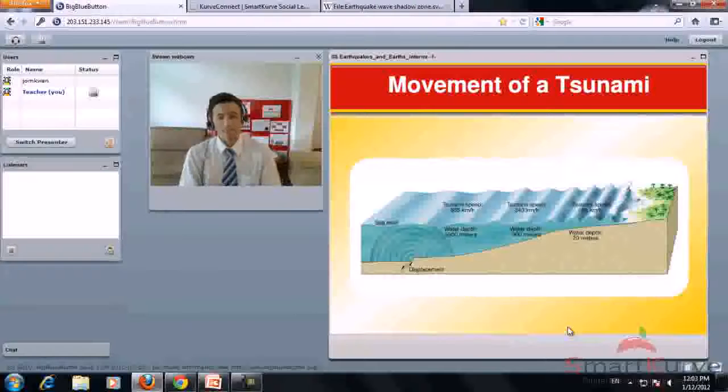There was actually more damage caused by the tsunami than by the earthquake. The earthquake shook everything, but in Japan everything is built to withstand earthquakes. So that didn't do much. The damage was caused when the tsunami hit, and that's what crashed into buildings, swept away homes, swept away cars, and killed a lot of people as well. So the tsunami can be more destructive than the earthquake itself.